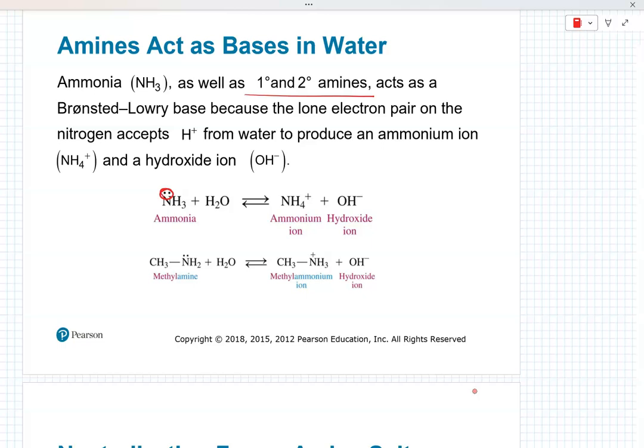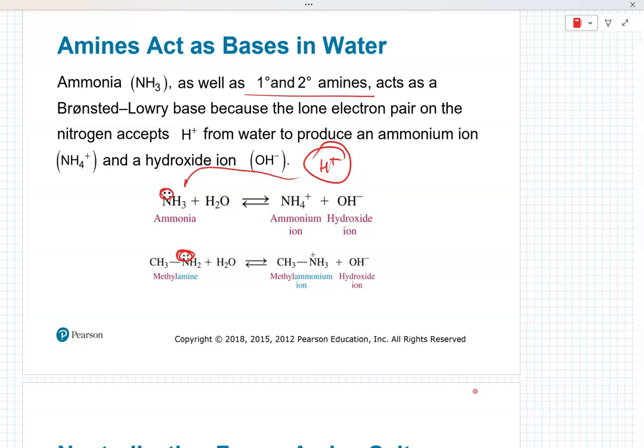So the nitrogen atom in both ammonia and the primary amine, for example, carries a lone pair of electrons. So if they encounter an extra hydrogen ion, they can quote-unquote neutralize that positive charge on a hydrogen ion by means of the lone pair.